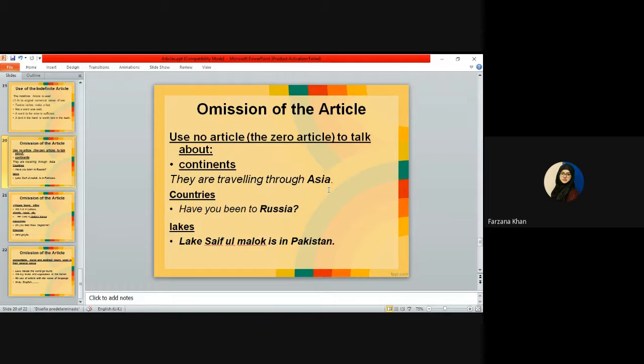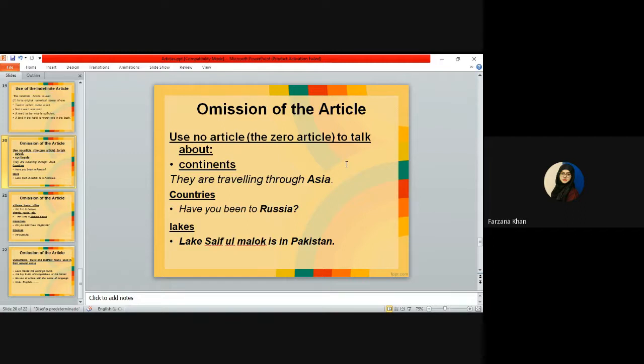It is used with some proper names, which I already told you: the name of oceans, canals, rivers, deserts, and seas. But when it comes to the name of continents, you need to avoid the articles.